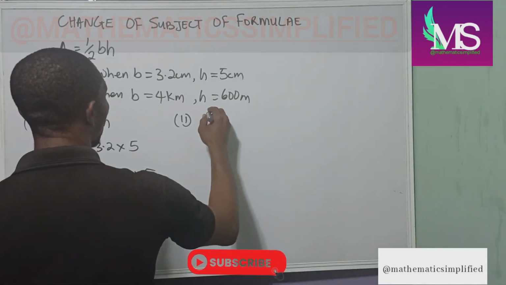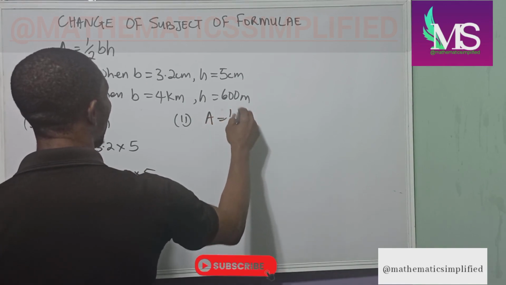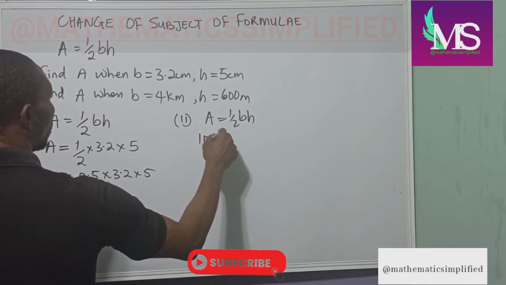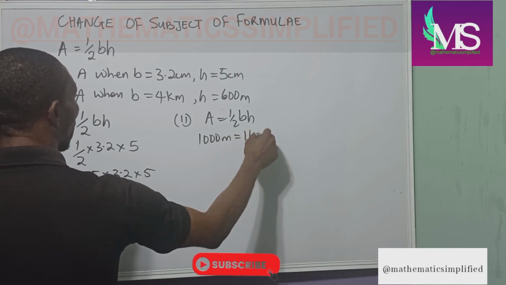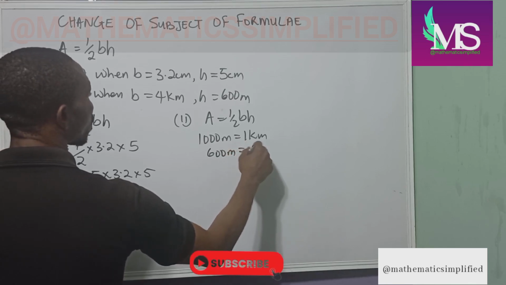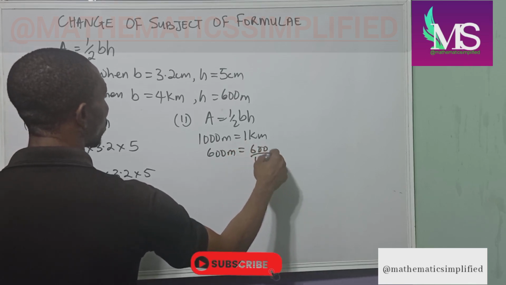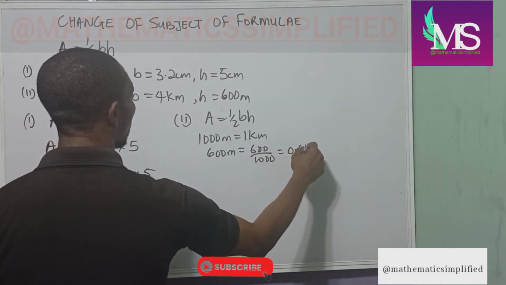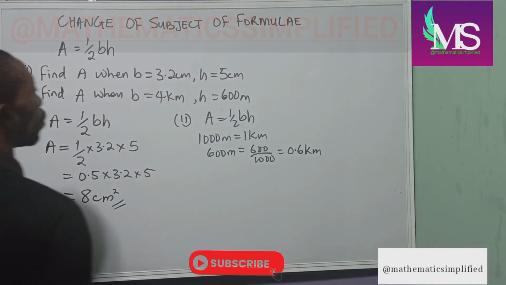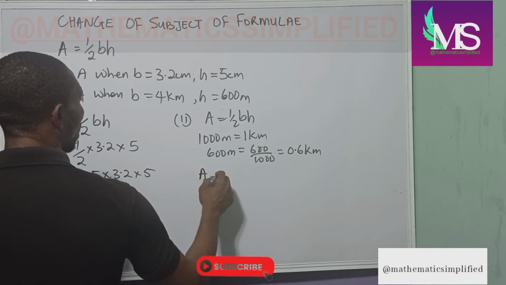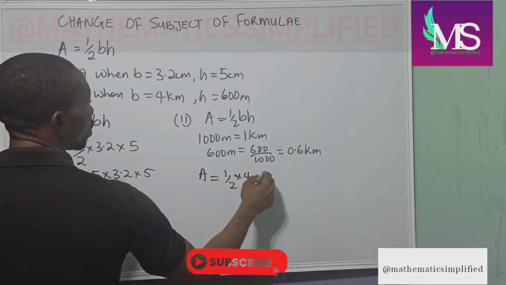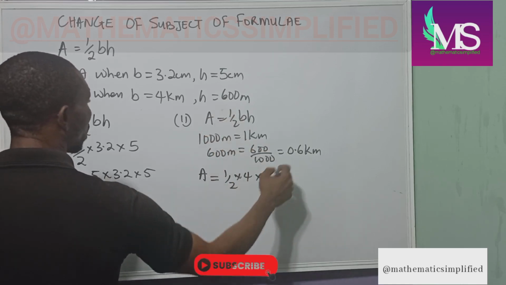Now we know that our area is half base times height. We know that 1000 meters equals 1 kilometer. So 600 meters would be 600 divided by 1000, which will give us 0.6 kilometers. Now, putting that in kilometers, we have area equals half times our base, which is 4, times our height, which is 0.6.